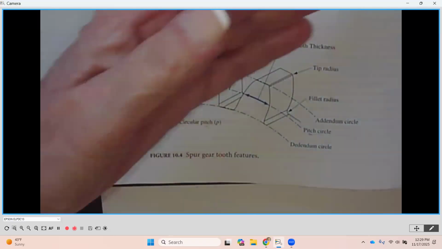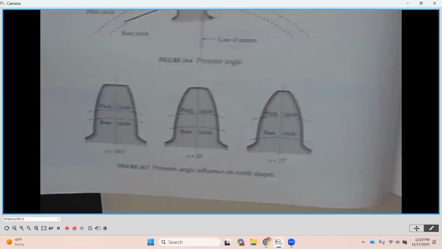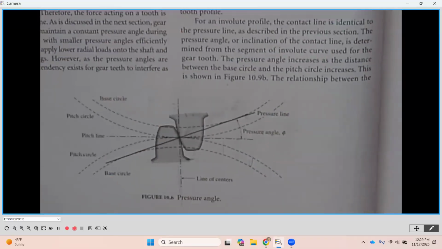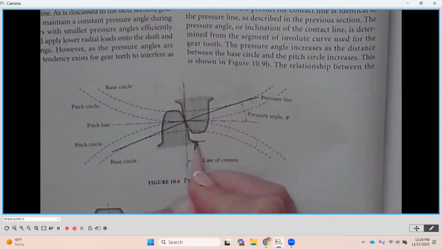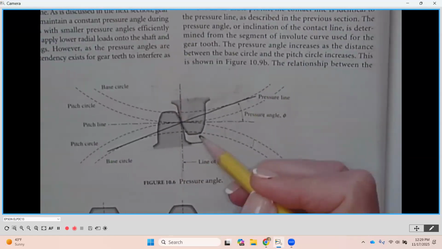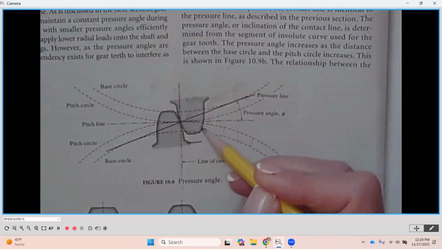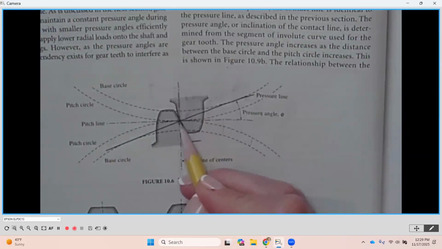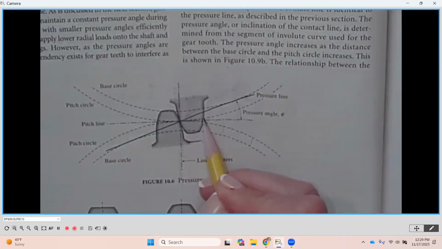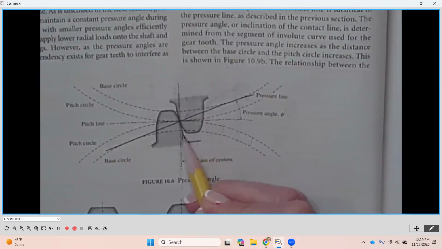Okay. So let me see here. On the next page, on page 264, you're going to notice this would be the bottom of the tooth. As the top tooth comes in on that pitch diameter, where they engage, you're going to notice that the top of the tooth is going to hang down into what would be the bottom of the tooth on the gear that it's engaged with.